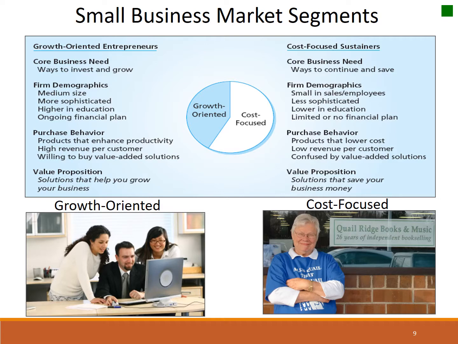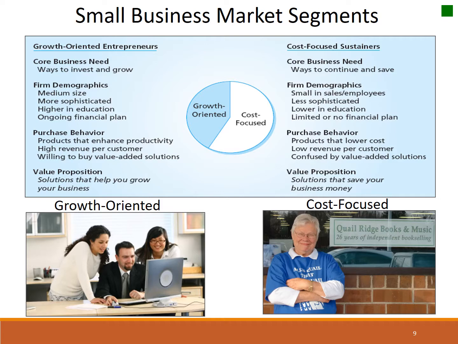If we have an underlying need, in this example here, we have growth-focused firms and we have cost-focused firms. So if we have a market or business objective of growth, that is what our need is, and that defines us in a certain way.